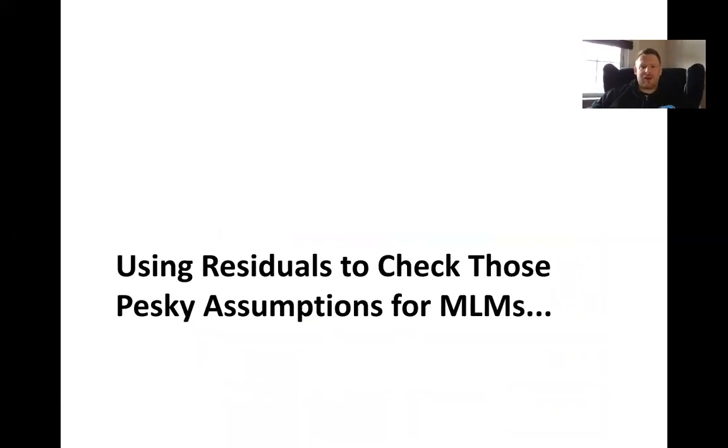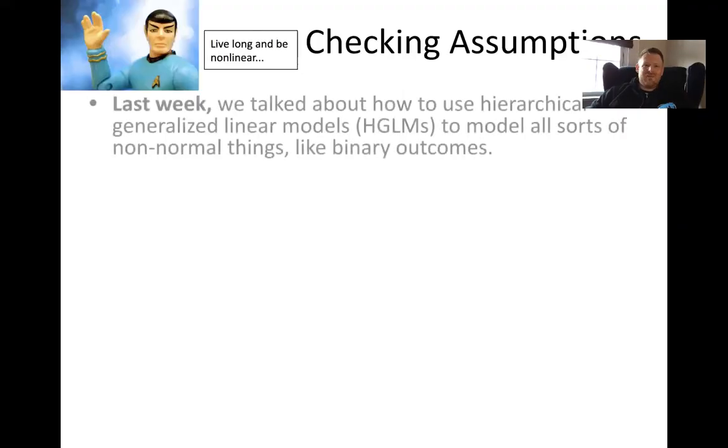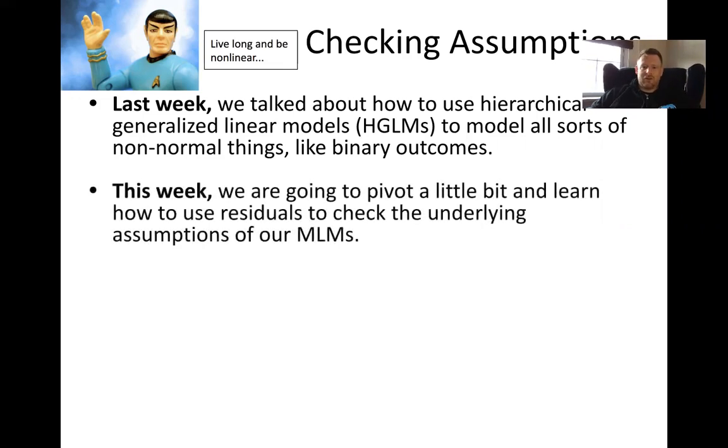All right, so let's talk about assumptions. And they are pesky, right? They're that thing that hangs out there that we have to address if we can. So I have my friend Spock here visiting. We'll get to him in just a minute. Last week we talked about how to use HGLMs or GLMMs, as they're also called, generalized linear mixed models, to model all sorts of things that are not normal, including binary outcomes, and as we just saw, lots of other different possibilities.